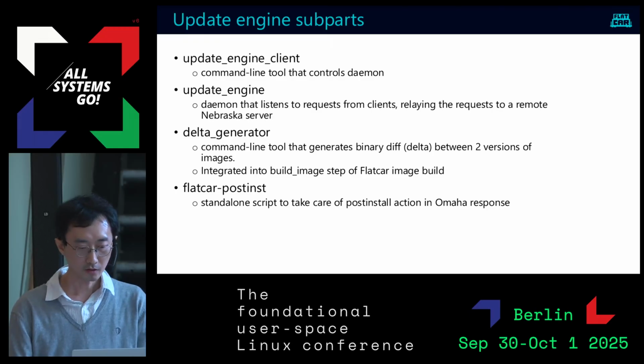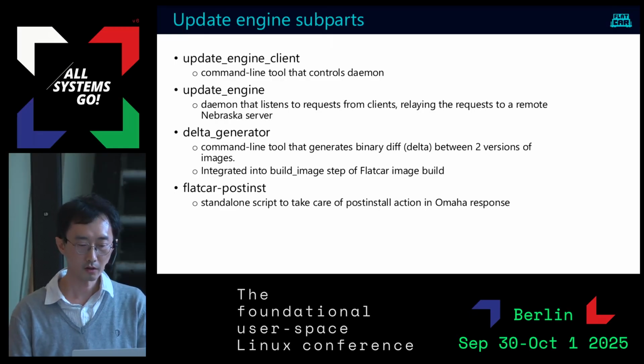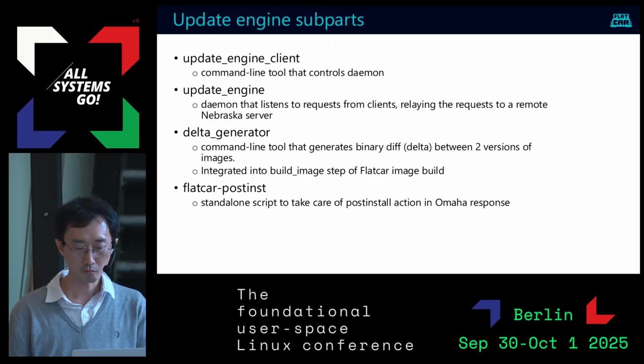The last one, Flatcar post-install, was not written originally in Chromium OS. However, after forking from CoreOS Container Linux, those folks added the script in Bash to take care of the post-install action in the Omaha response.